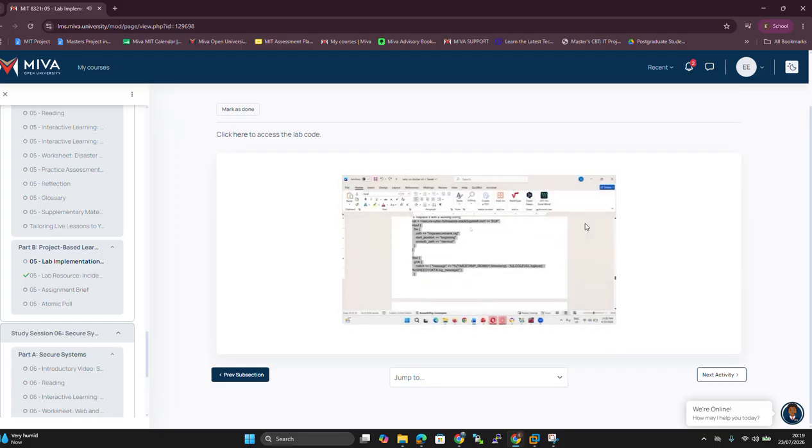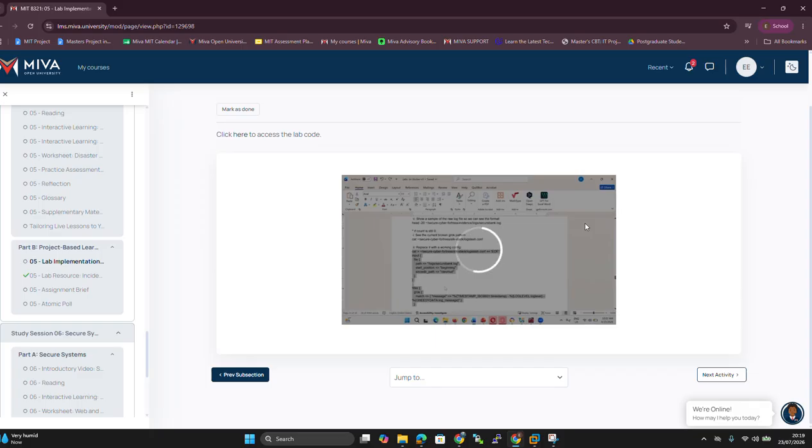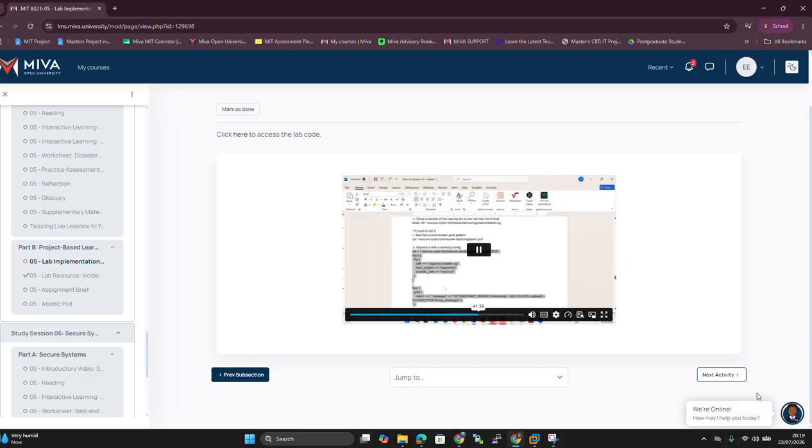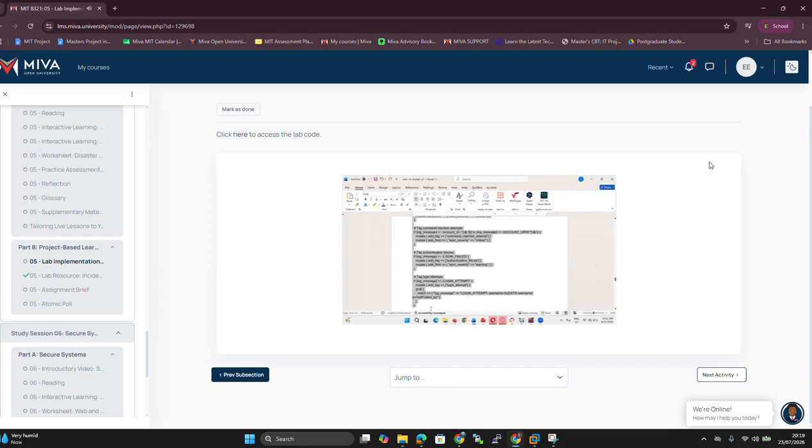So now this is what you can actually run, the entire script, to add something to your log.